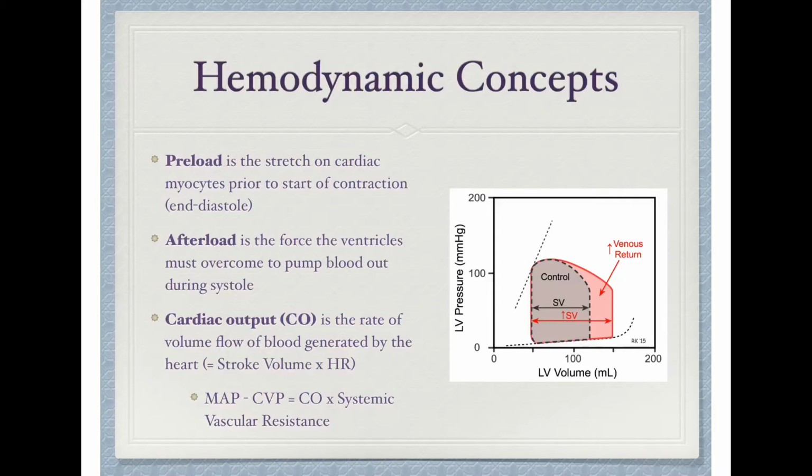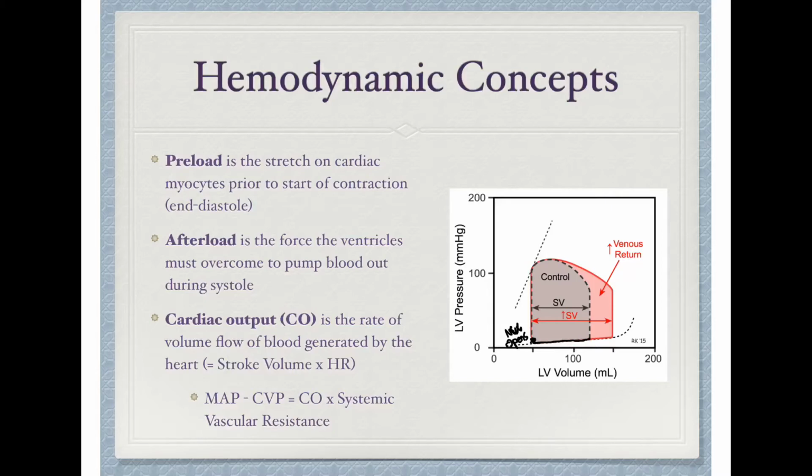Starting with the gray curve or loop, at this point, when the left ventricular volume is at a minimum and the left ventricular pressure is at its minimum, this is the point where the mitral valve opens and blood starts to fill from the left atrium into the left ventricle during diastole. And the volume in the left ventricle slowly rises with a very slight increase in the pressure.